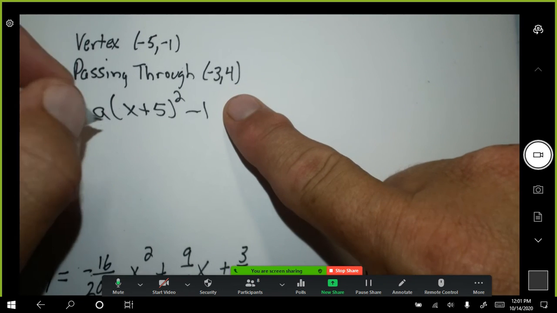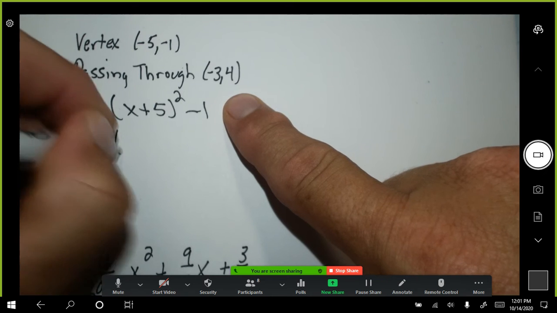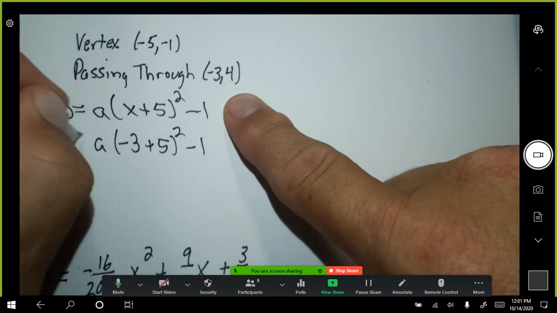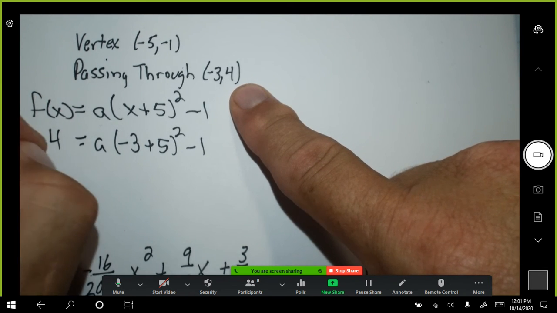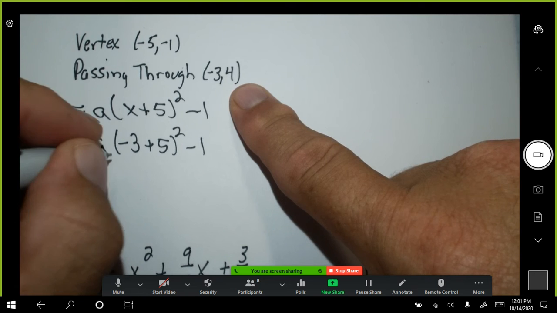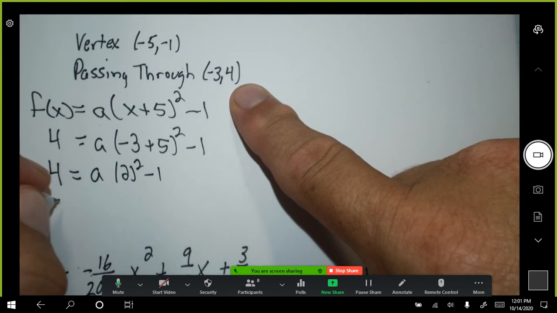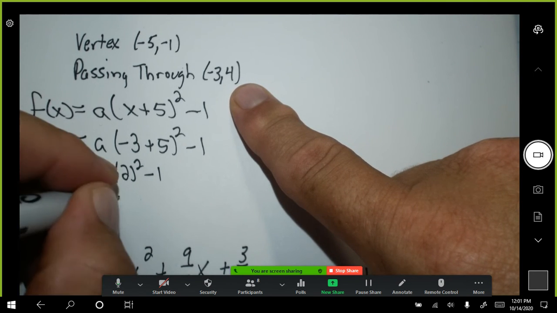The input is negative 3. So that's going to be negative 3 plus 5 squared minus 1, and the output is 4. And so we're just going to solve that for a. So that's 2 squared minus 1, so that's going to be 4 equals 4a minus 1.